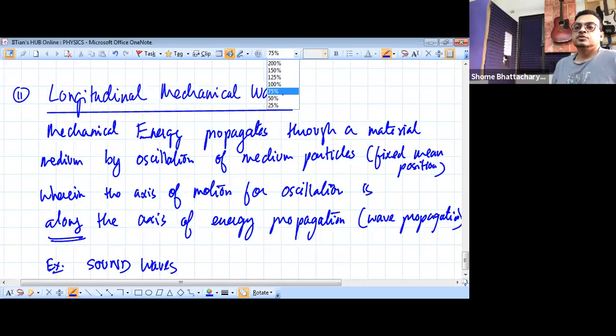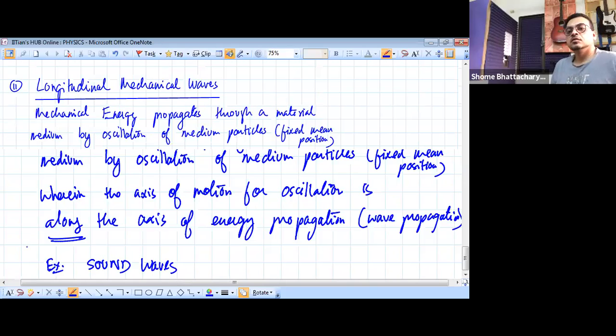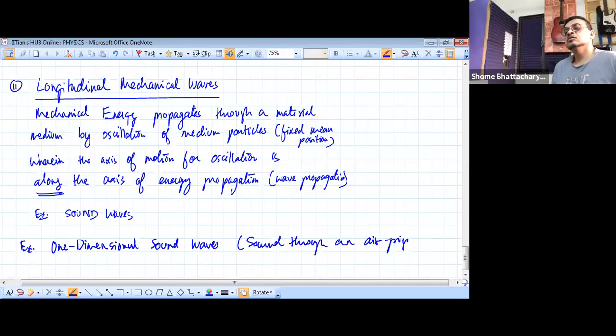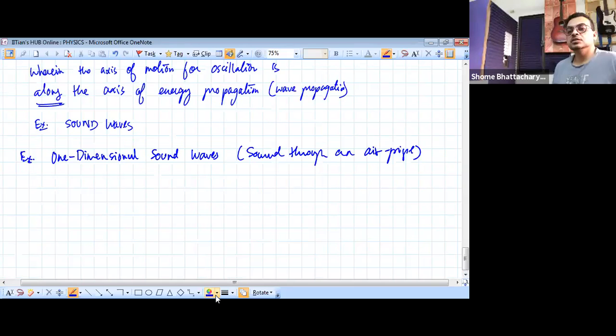For example, if you consider one-dimensional sound waves, that is sound in an air pipe kind of. You understand what happens over here.